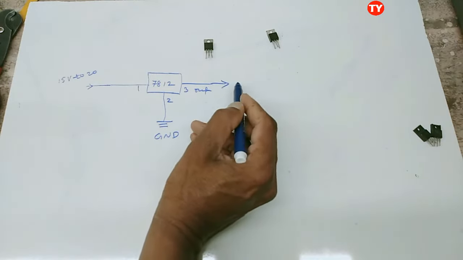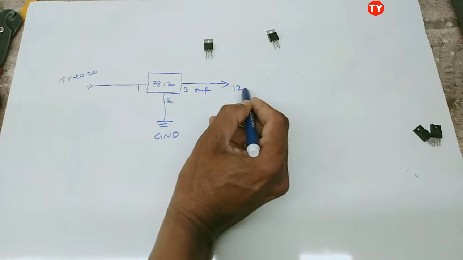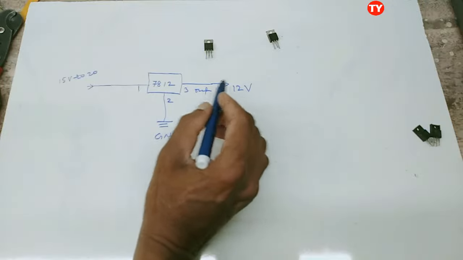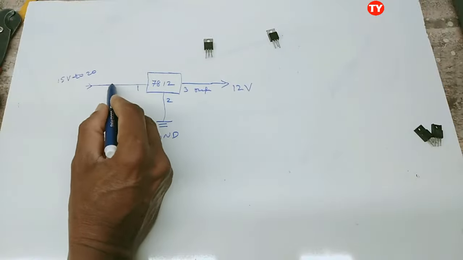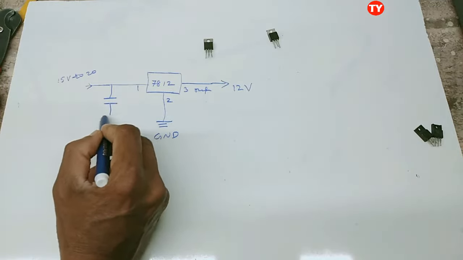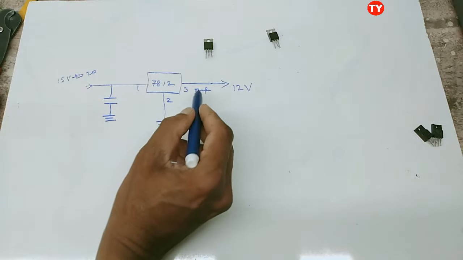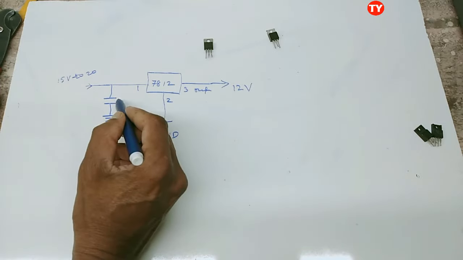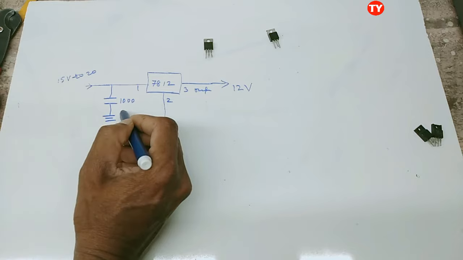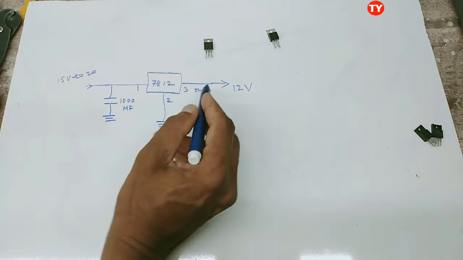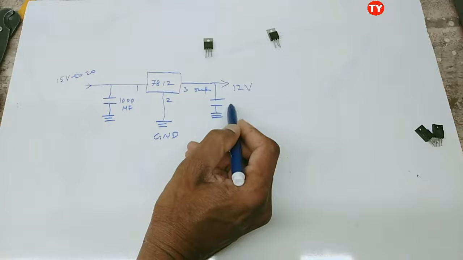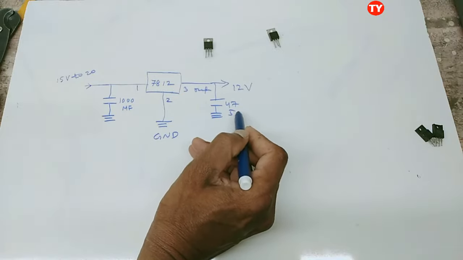Here we will get regulated 12 voltage. Here one capacitor used, suppose 1000 mF, 47 mF, 50 volt, like that.